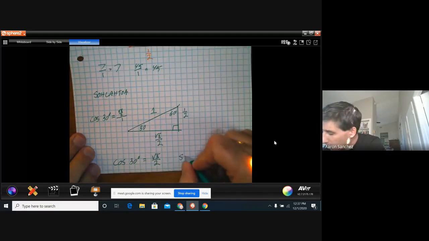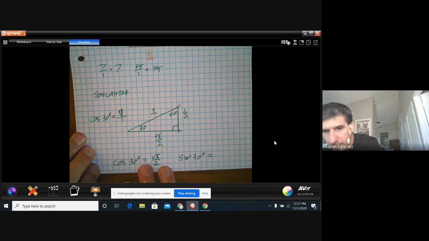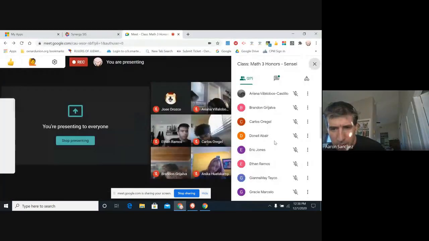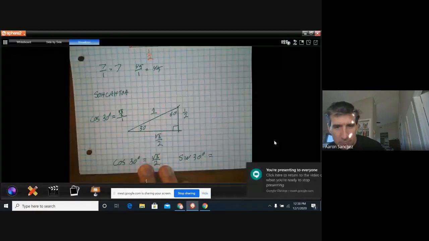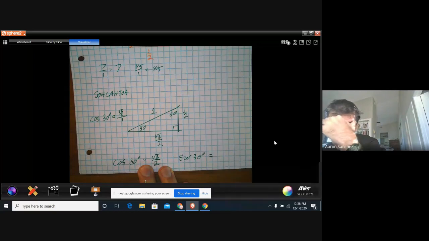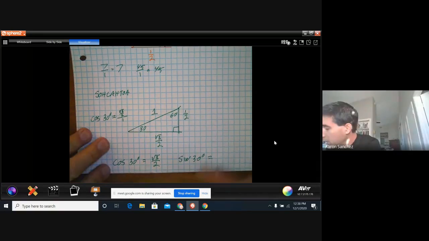Now, what would sine of 30 degrees be based on this triangle? Okay. Let's go with Donnell. What's sine of 30 degrees? Sine of 30 is 1/2 over 1, which would just be 1/2.